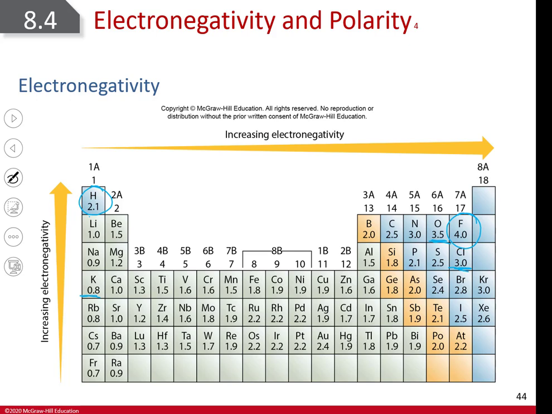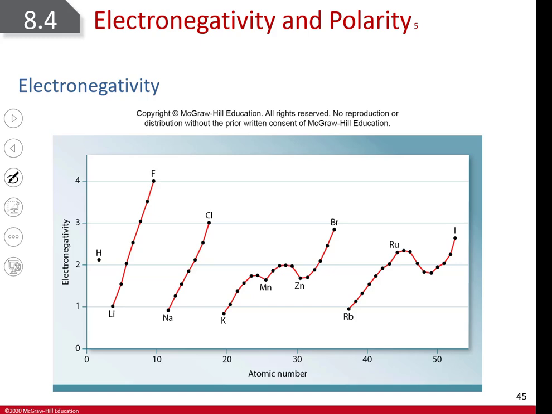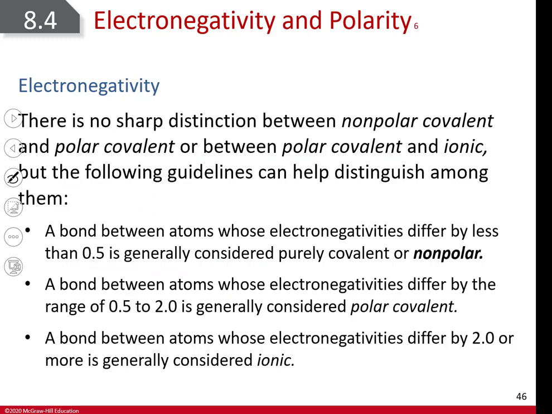So how do we know how to categorize things? This whole thing is a spectrum from purely covalent to purely ionic. How are we going to break down these categories? That's just showing you the trend as you go across the period. So here are the breakdowns. A bond between atoms whose electronegativity difference is less than 0.5, so 0.4 or less, would be purely covalent or nonpolar. Whereas if the difference is 2 or greater, you're going to be ionic.